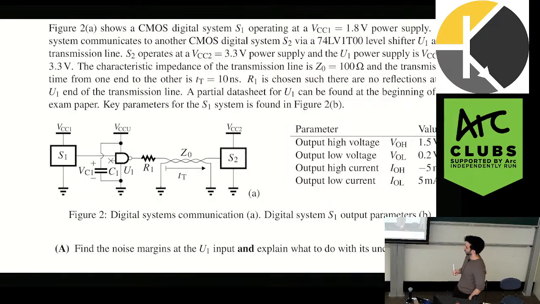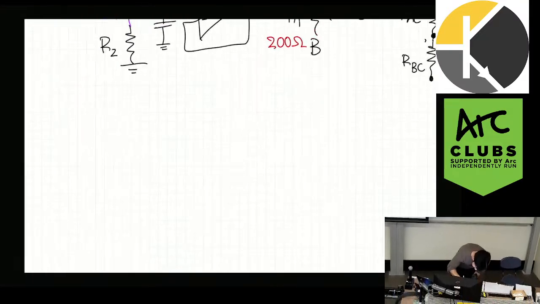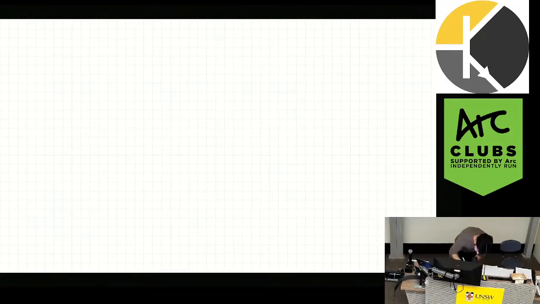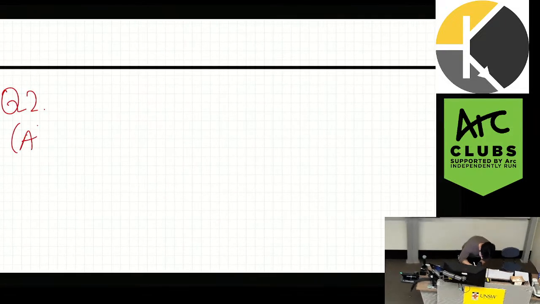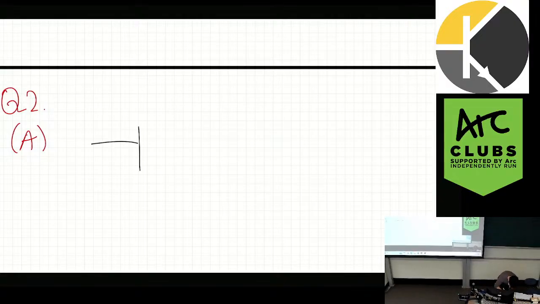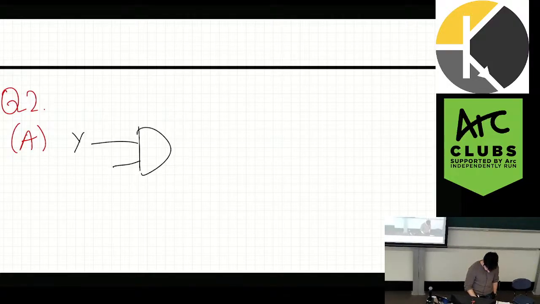So I think I'll answer the second part of that question first. So what we have is a NAND gate with the input connected to some Y, but the second input is disconnected. How should I connect it? Yep. There's two ways. You can either connect it to Y or to the power supply. Yep.